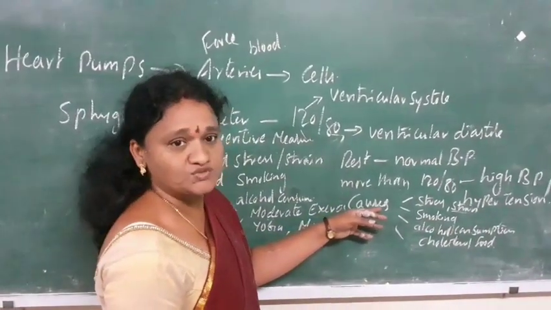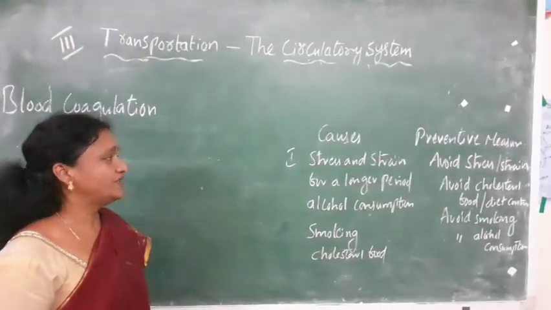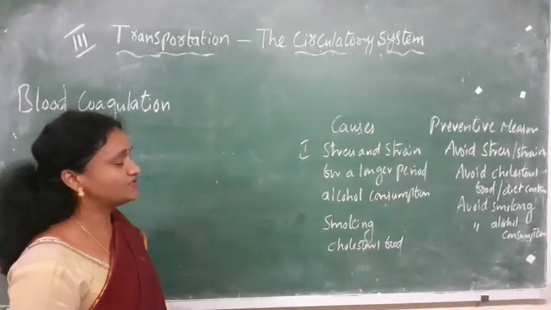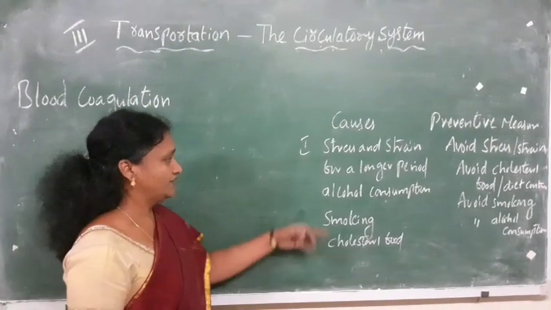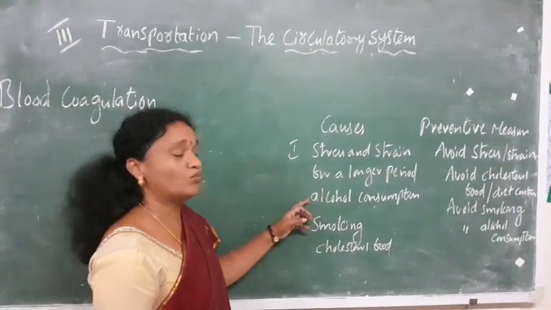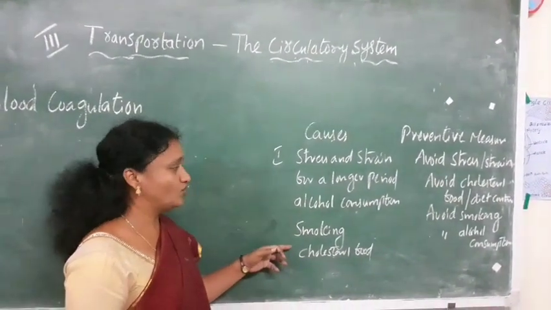The main cause for high BP is stress and strain for a longer period. We have seen the main causes for BP more than 120 by 80: stress and strain for a longer period, smoking, alcohol consumption, and eating more cholesterol food.